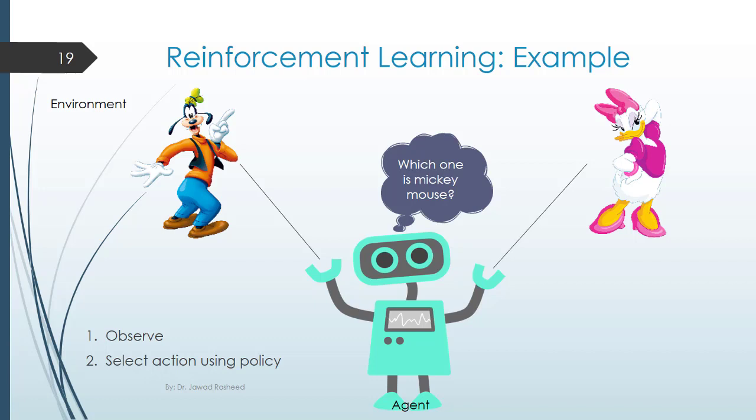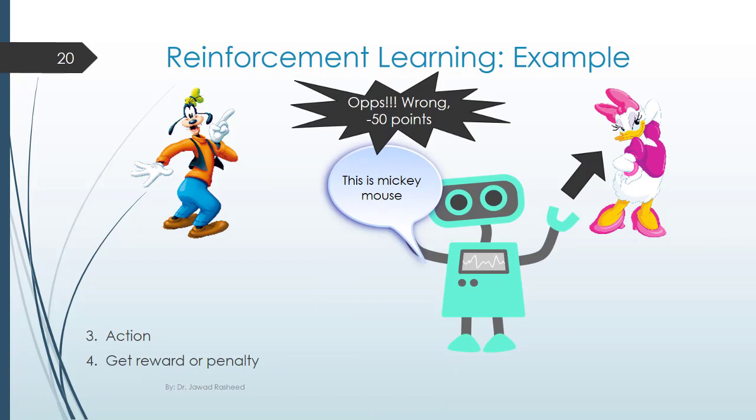So the machine has to decide which one of those is Mickey Mouse. The picture on the left side is Mickey Mouse, and on the right side is the duck. So in reinforcement learning, the machine first observes the environment and then selects some action based on the defined policies. Based on the defined policies, it decides the action, which is the decision.